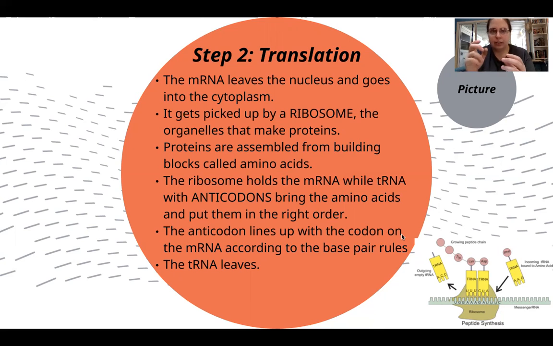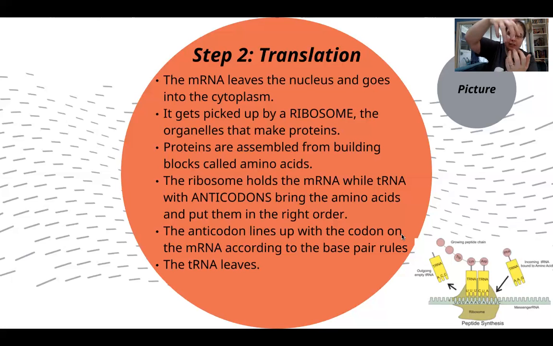Now the ribosome has two slots in it that the transfer RNA, or tRNA, can slide into in order to help it line up with the proper codons on the mRNA. So the ribosome holds onto the mRNA and then the tRNAs with the matching complementary anticodons will line up.